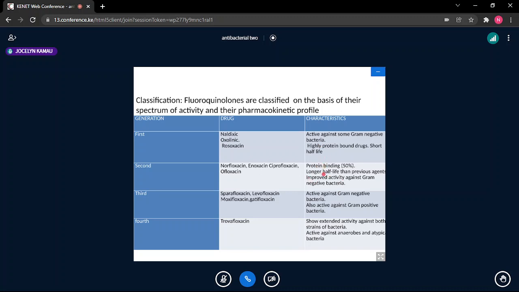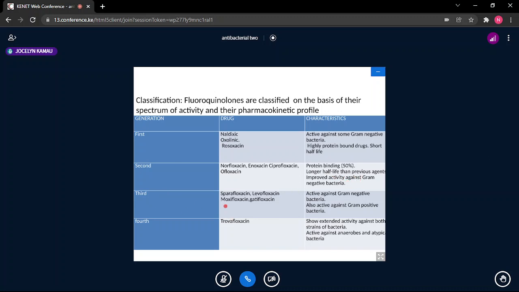So the range of activity has been extended when you compare first generation to second generation. Norfloxacin is given BD, ciprofloxacin is given TDS, so they have a slightly longer duration of activity and better gram-negative activity.